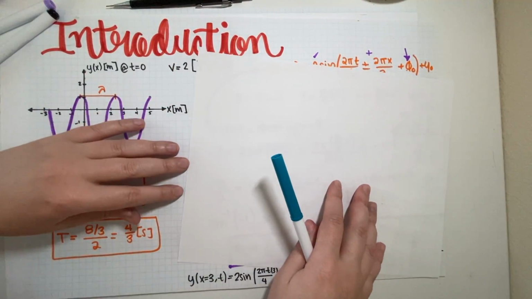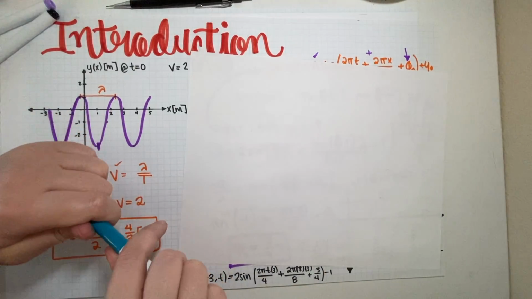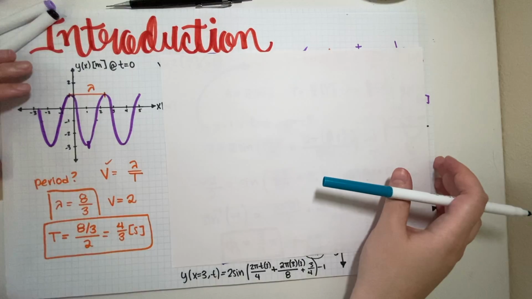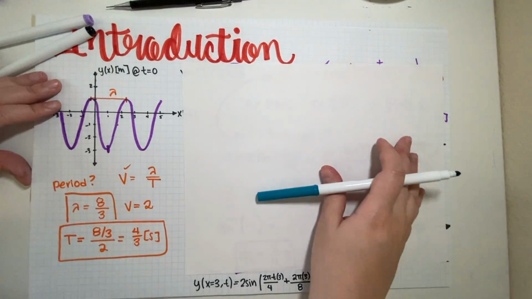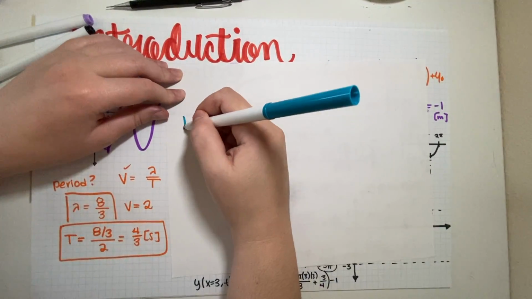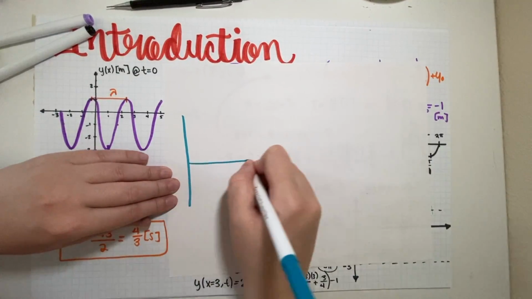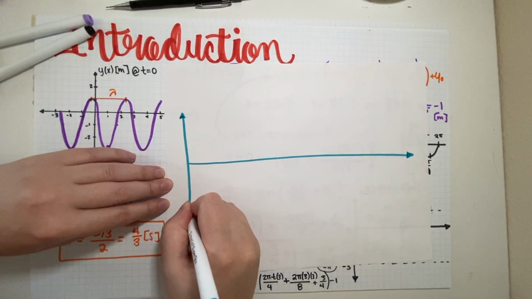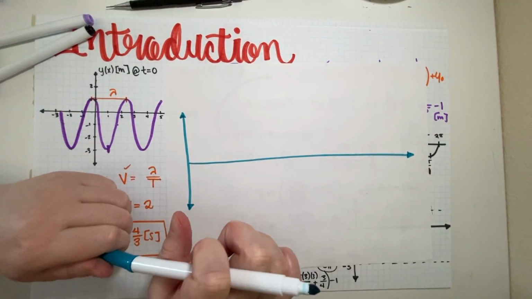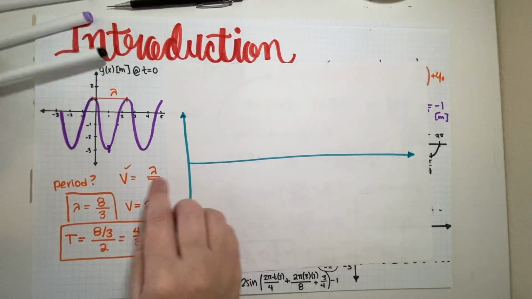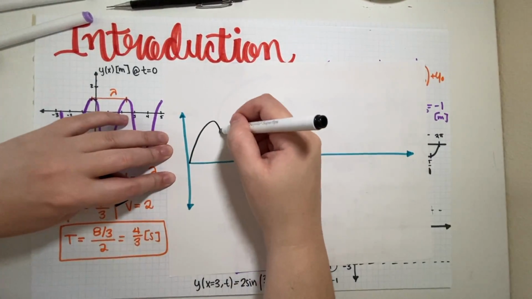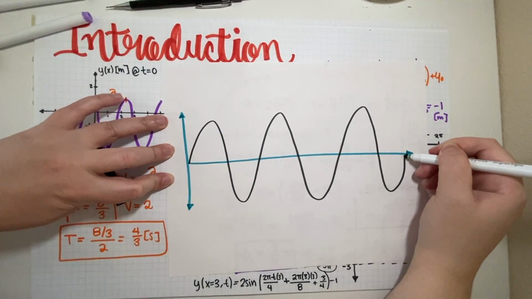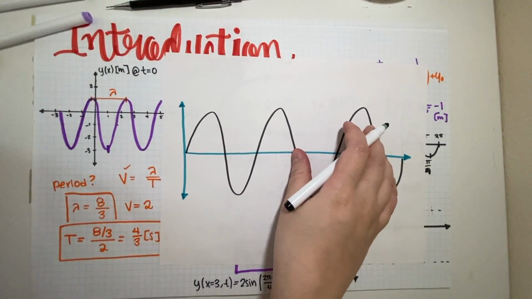Let me just do this over here on a bigger scale, so you guys can see, because you're going to be doing this a lot. Your usual sine function always starts going up, like this. And then you just do halves.